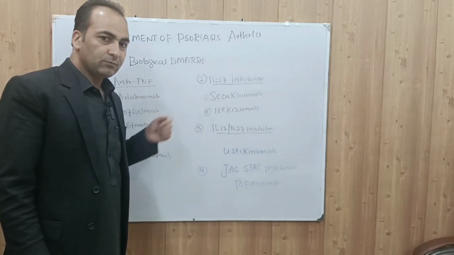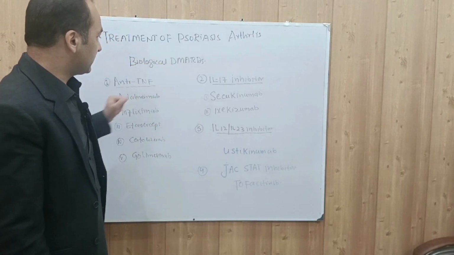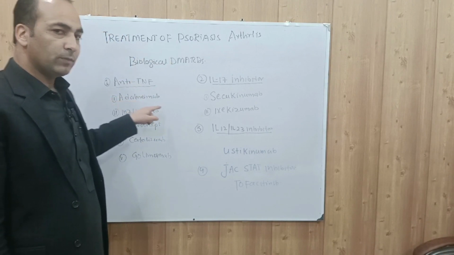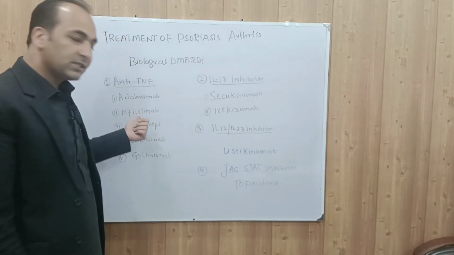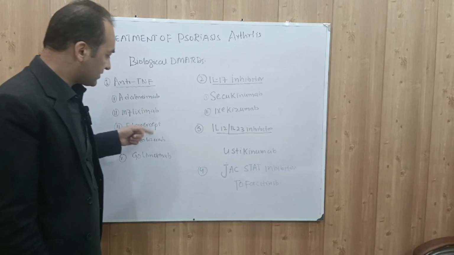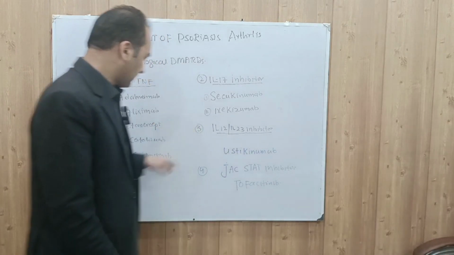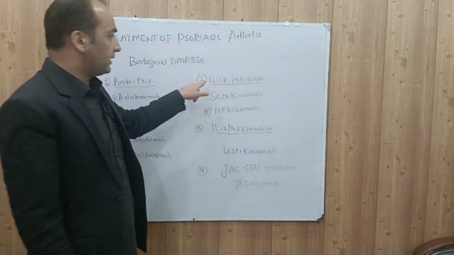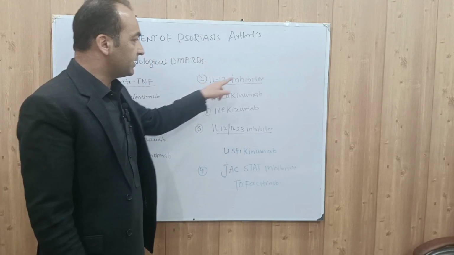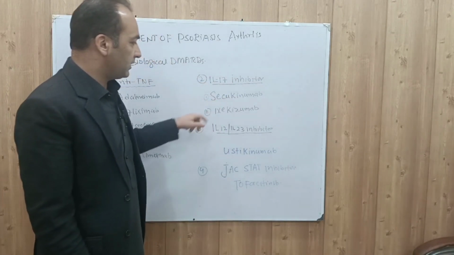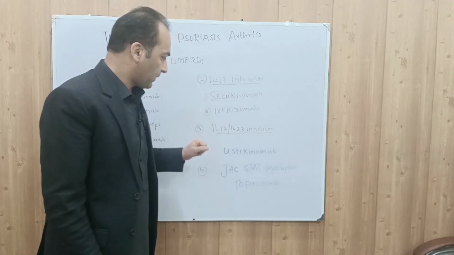Now the biological DMARDs which are used for the psoriatic arthritis include the anti-TNF, that is adalimumab, infliximab, etanercept, certolizumab, and golimumab. And the IL-17 inhibitors include the secukinumab and ixekizumab.